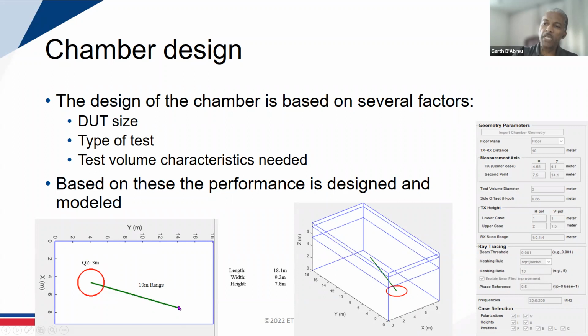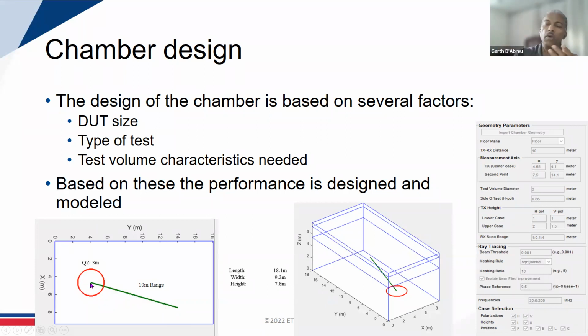You can calculate based on the gain in this direction, the absorption at this angle of incidence and reflection, how much energy is going to arrive at my quiet zone, and I can see how that interferes with the direct path and calculate what sort of variation or ripple I will have within that quiet zone.